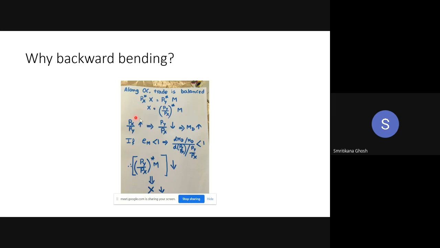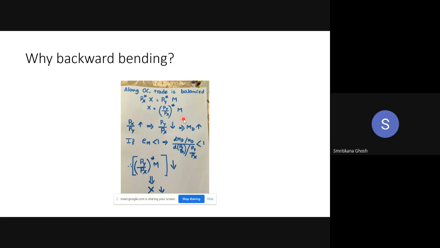Up to this point, is it okay? I have no doubt about it. If Py by Px is falling more than the increase in M, then the product, that is X, will fall. Just look at this equality and try to understand.